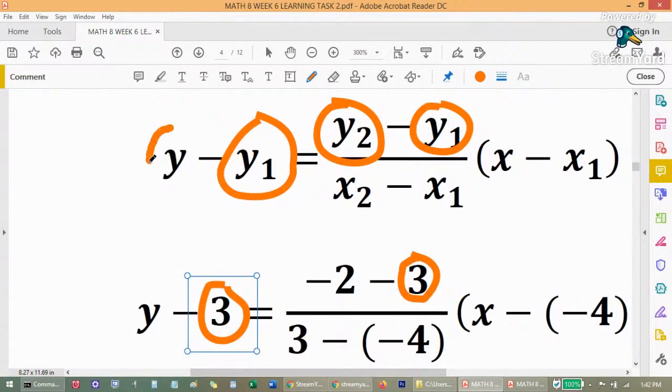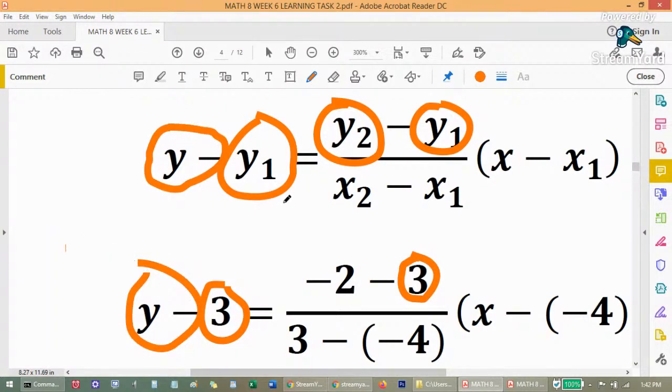So, bali ko, copy nyo lang to, no? Y minus, and then ang papalitan lang yung y sub 1, y sub 2, y sub 1, x sub 2, x sub 1, x minus 1, ano?